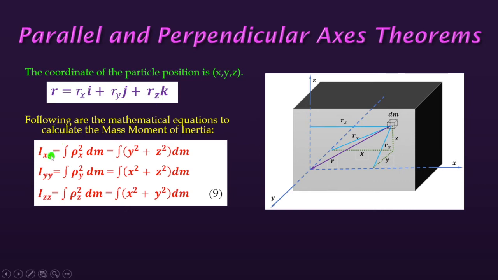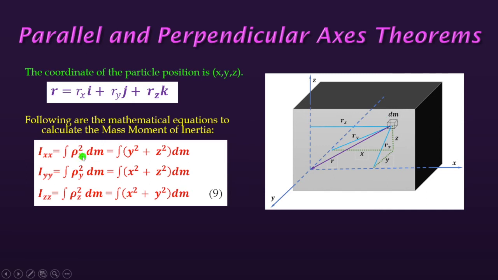Now by definition Ix equals the integral of rho x squared dm, written the same as r suffix x here. This r and rho are the same thing.